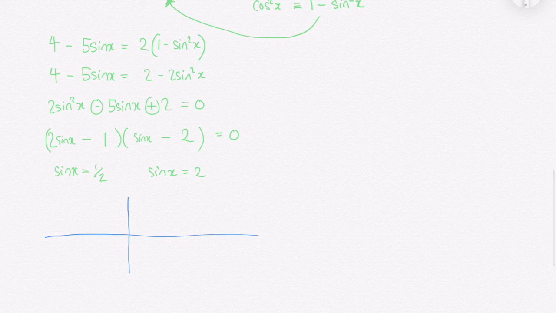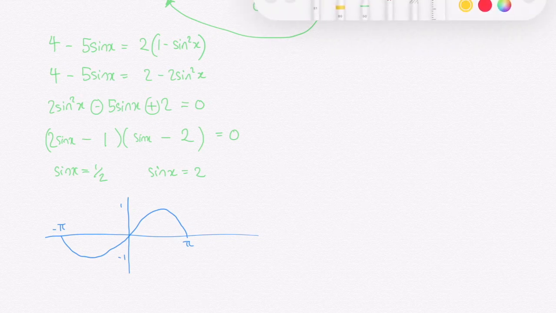Well, a sine graph between pi and negative pi looks like this. And we want sine x equals 2. Well, we can see straight away, if this value here is 1, then sine x equals 2 has no solutions. But we do need to make sure we write that down. We can't just ignore it.